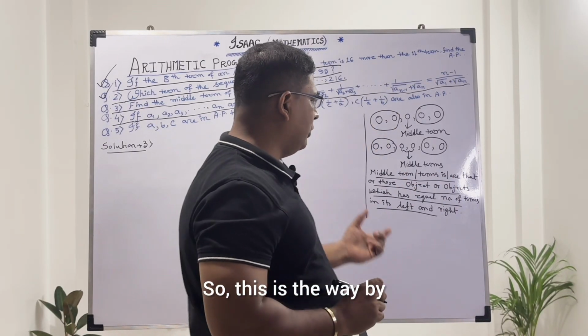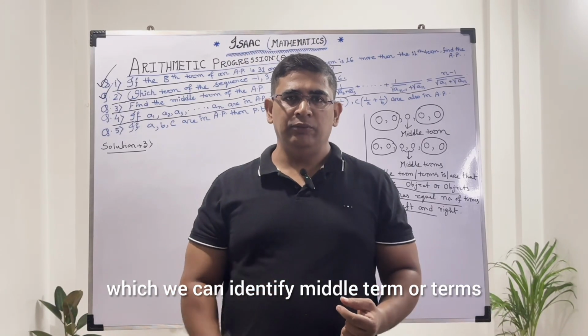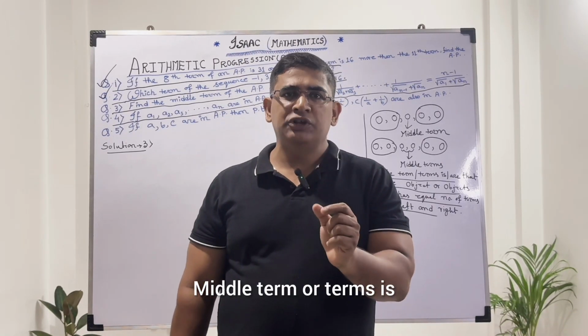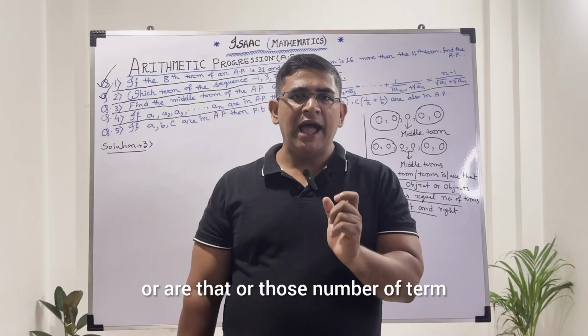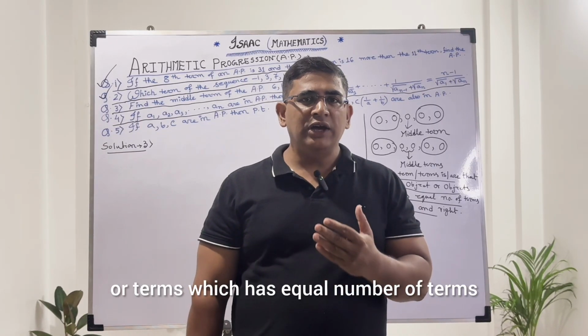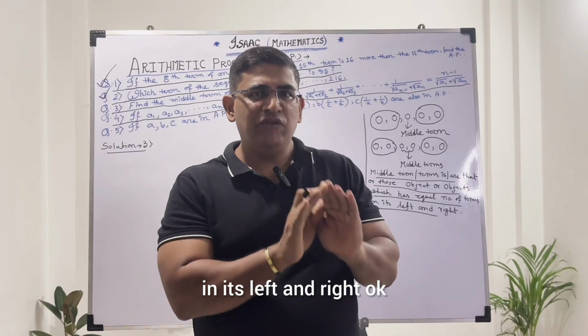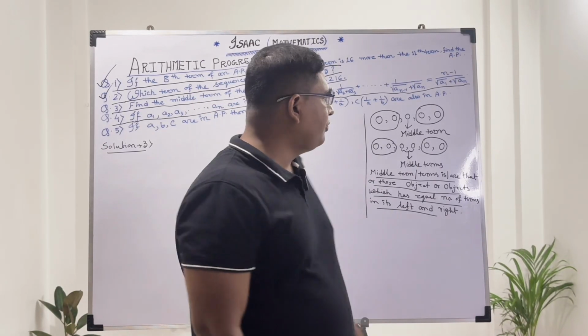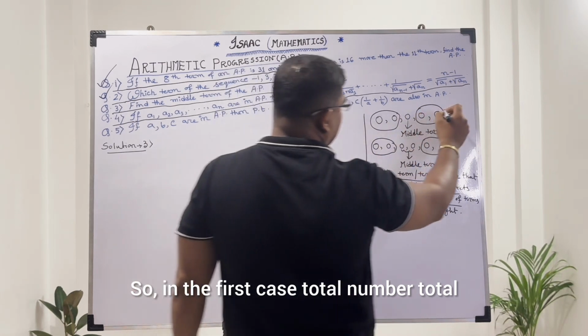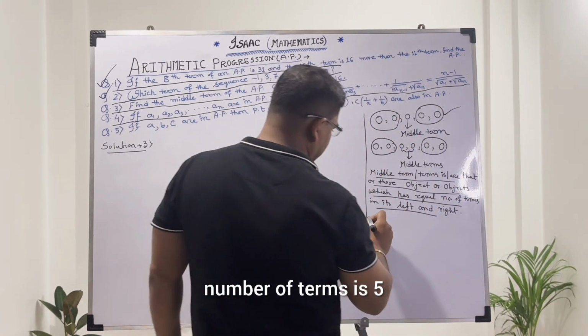This is the way by which we can identify the middle term or terms. The middle term or terms is or are that term or those terms which have an equal number of terms in its left and right. So in the first case, the total number of terms is 5.